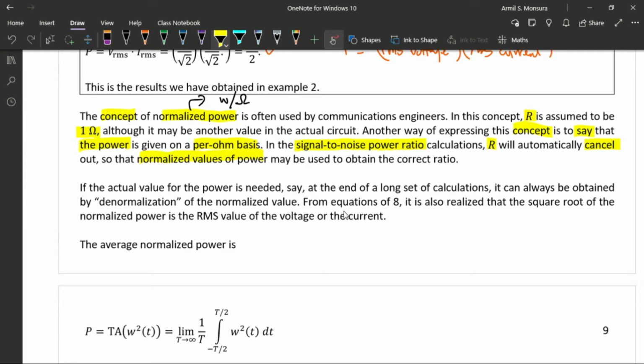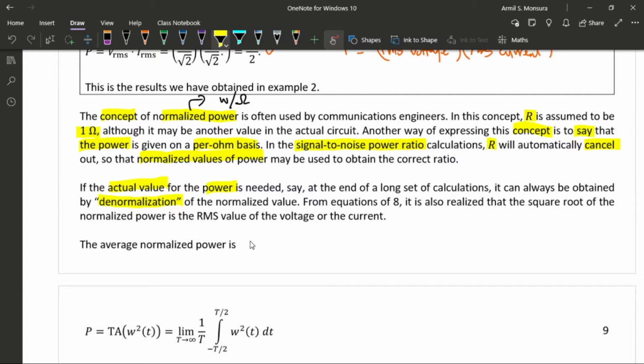So when we need the actual value for the power, you can actually denormalize. If you are using normalized power, and at the end of your calculations you need the actual value of the power, if you now know the resistance of your load, then you can denormalize by multiplying the normalized power with the resistance of the load.